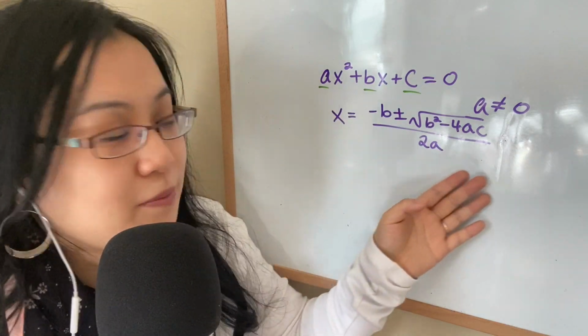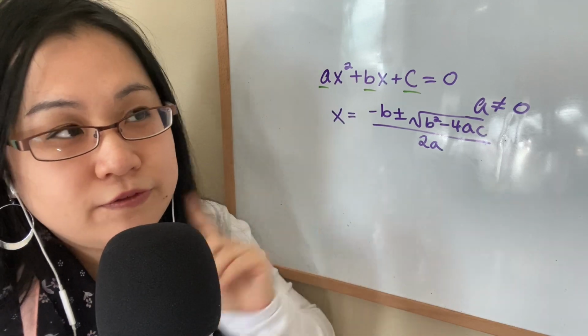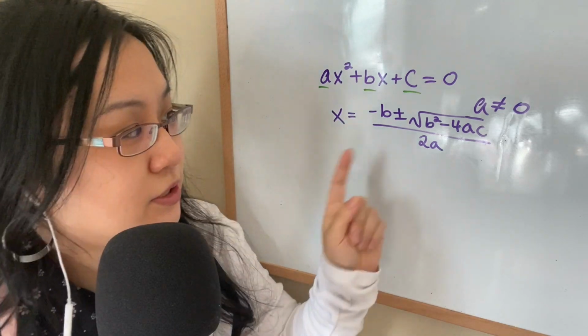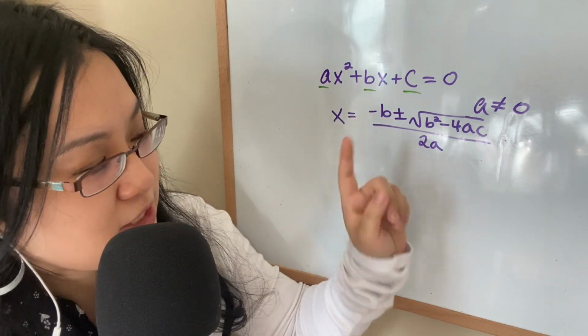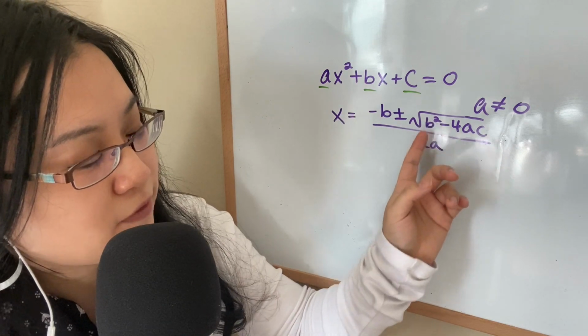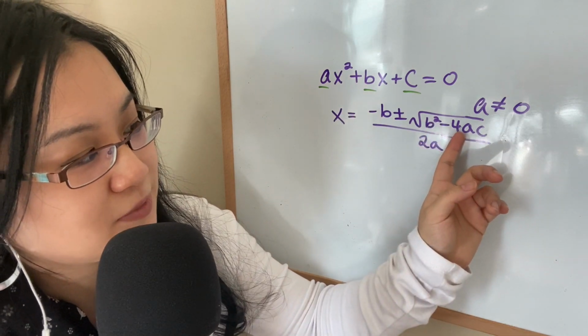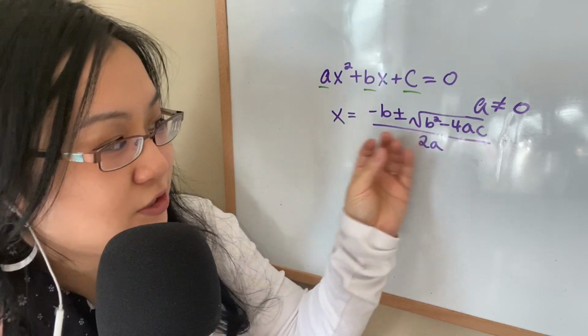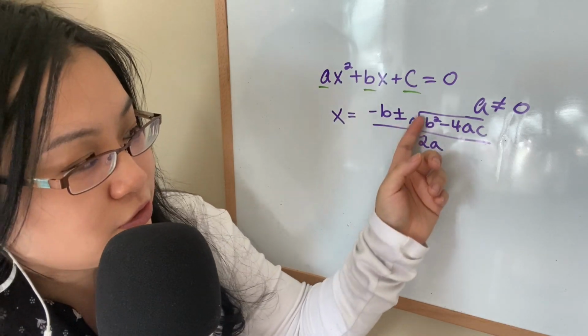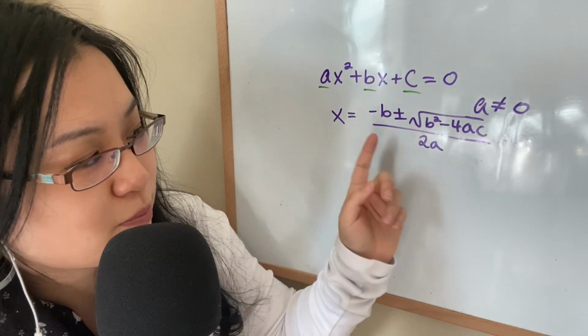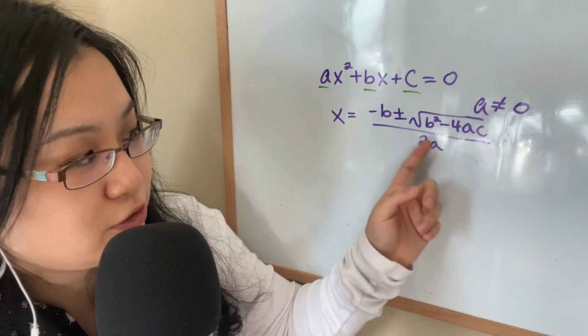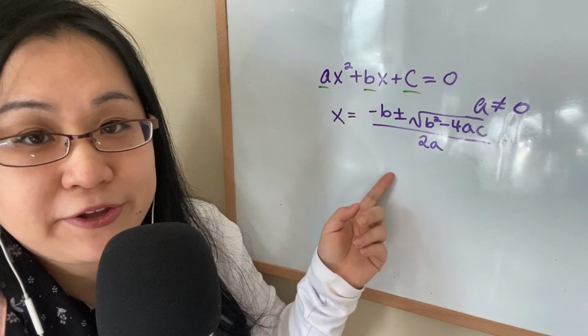So just memorize this, and if you're doing this step but you're consistently getting something wrong, I would probably point you in the direction of order of operations. Remember to do the negative b, do your b squared first, do your 4 times a times c first, and these are just calculation things. Do your square root, do that whole top part, and then do your 2a and divide by that entire value.